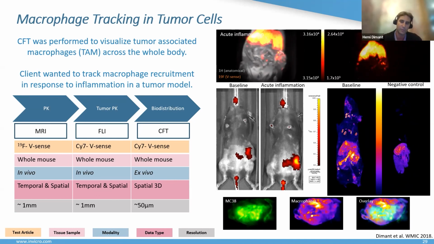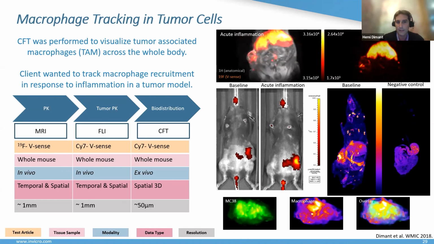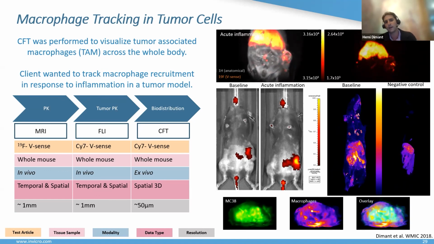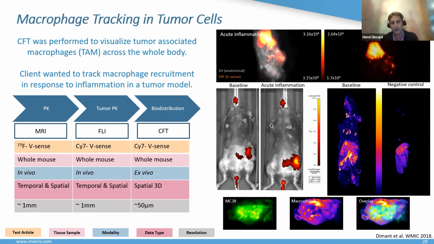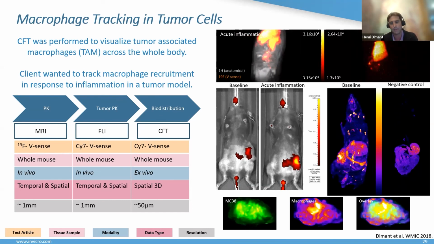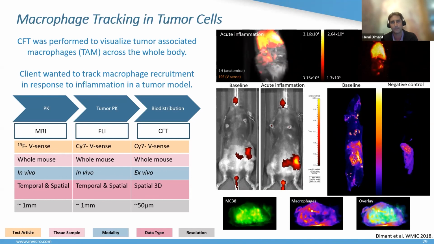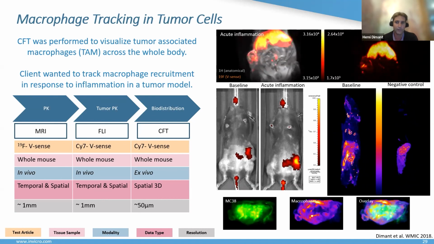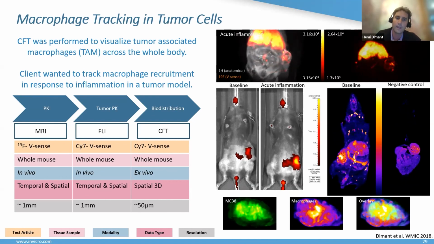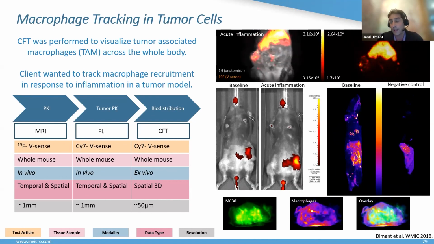It was really a proof of concept that we're able to detect. We then, under anesthesia, conducted tumor PK, looking at the Cy7 signal in the tumors, still using in vivo fluorescence, and then lastly, looking at a higher resolution and higher sensitivity.